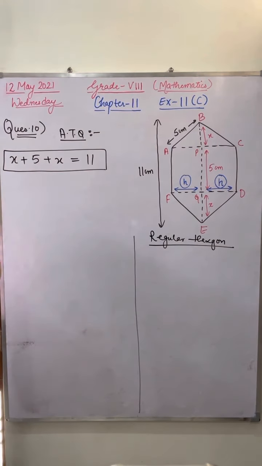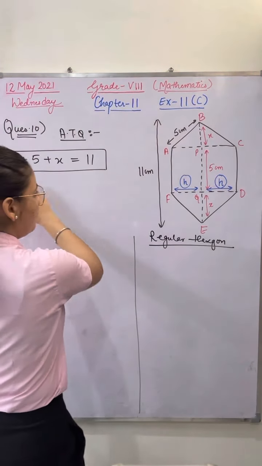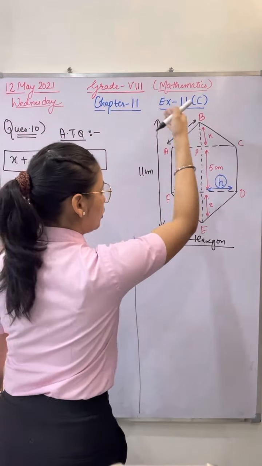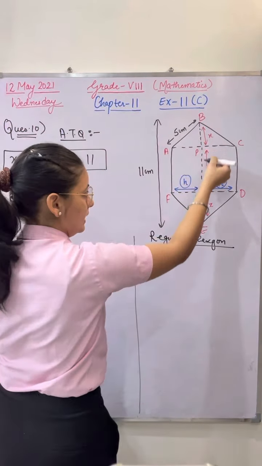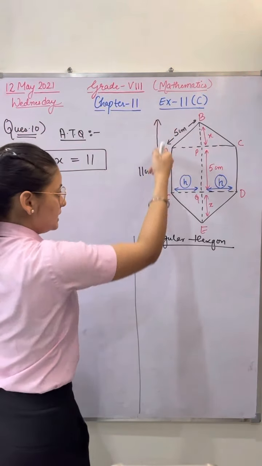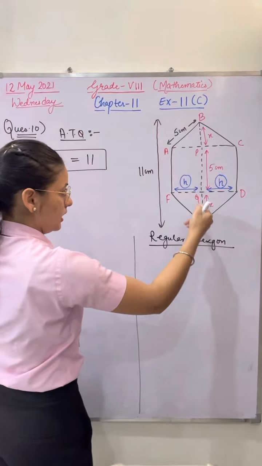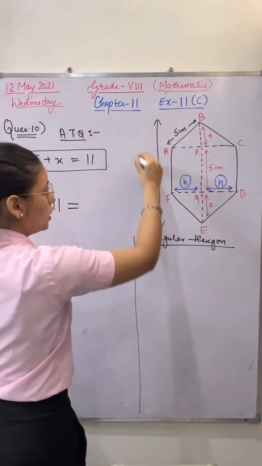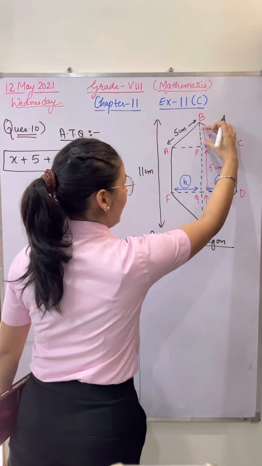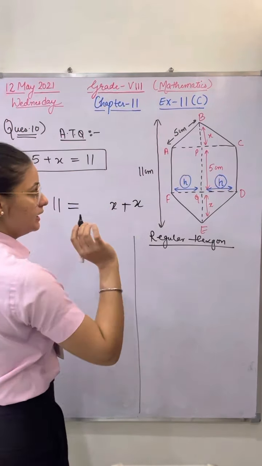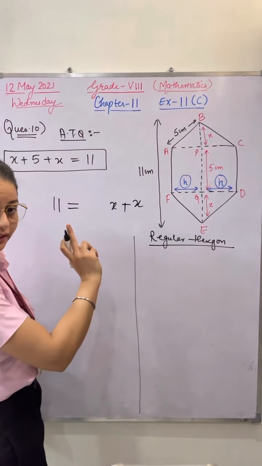No worries, I'll tell you. They have taken that this complete height is 11. They have equated this height and this height. This is 11, which is equal to x plus x, where they have supposed this as x and this as x. Please look here carefully.